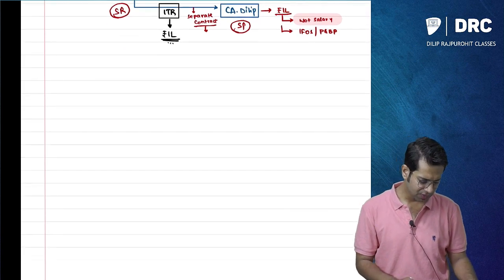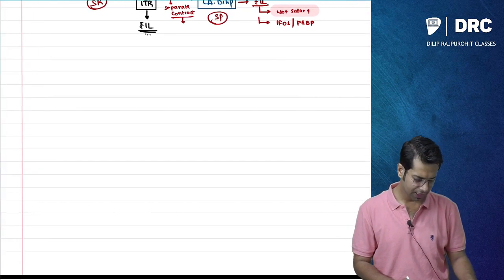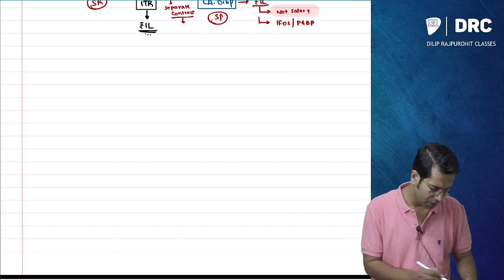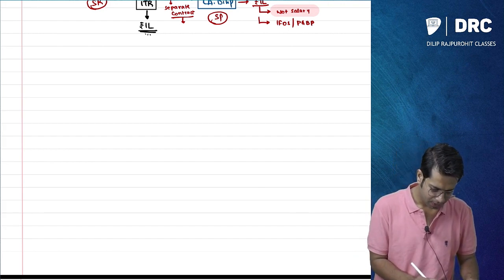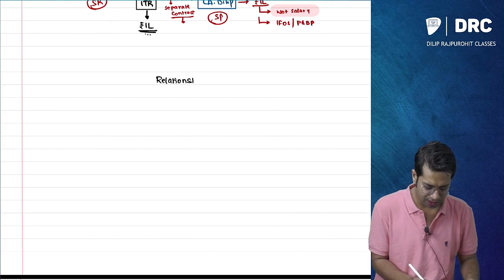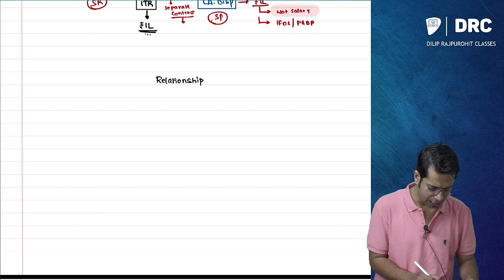Now, normally there is one confusion which is always there among students. They get confused with relationship.